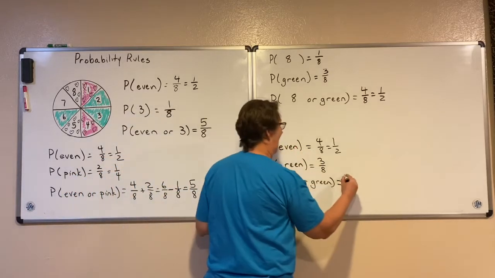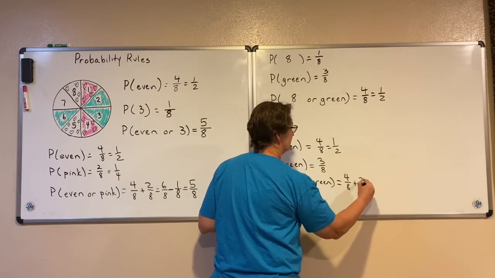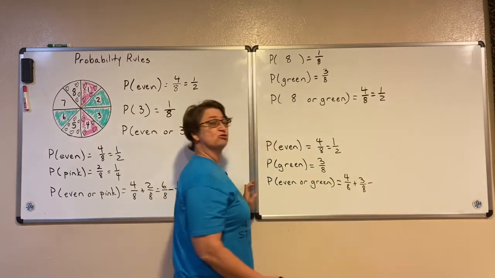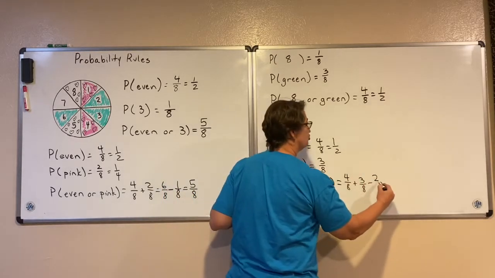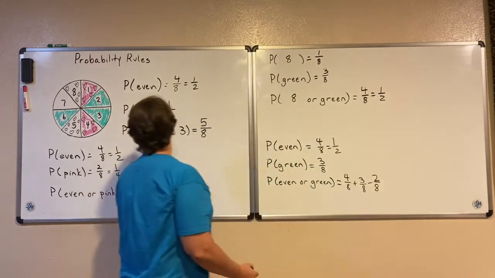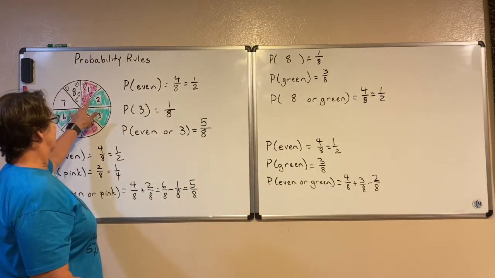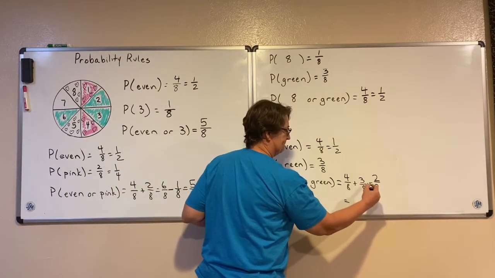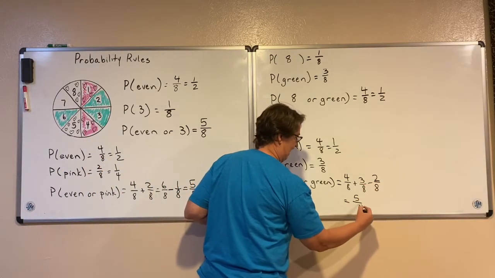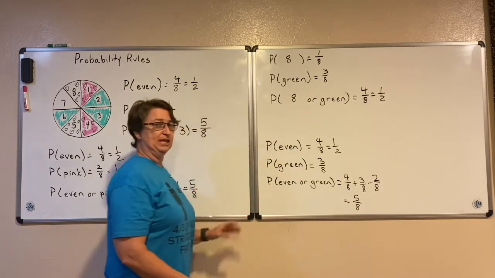So I'm going to add my probabilities of the two, but then I have to subtract off the overlap. In this case, there are 2 greens that are even. There are 2 of them that I'm counting in both places. So we have 7 minus 2 gives me 5/8 as my probability.